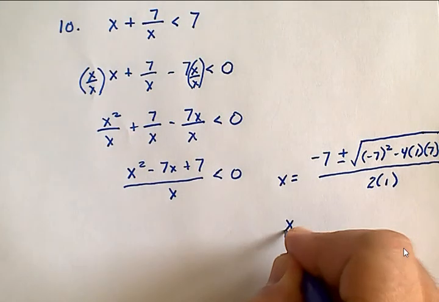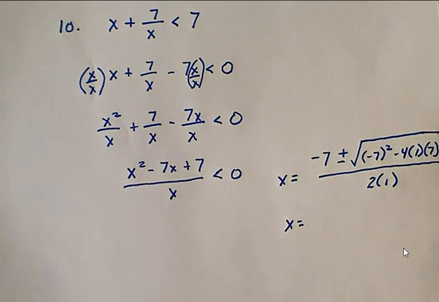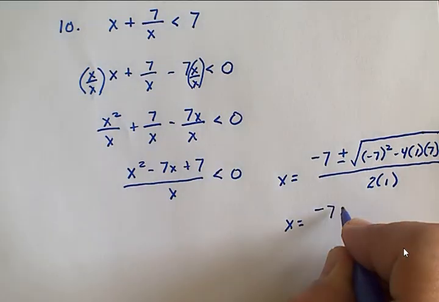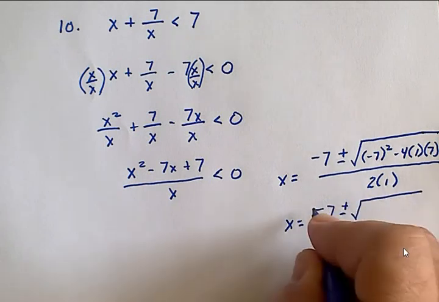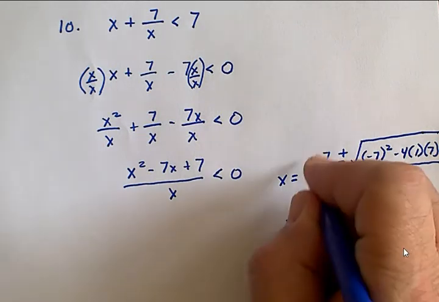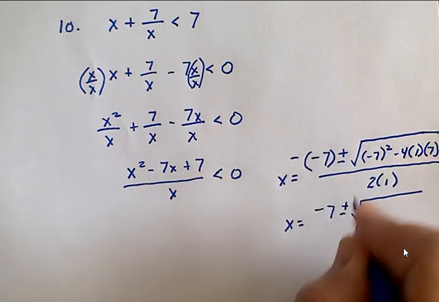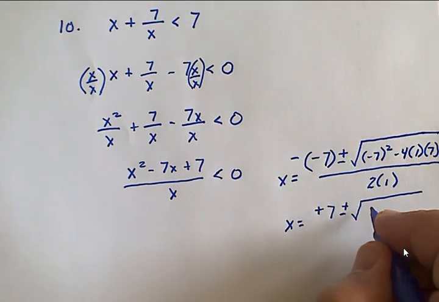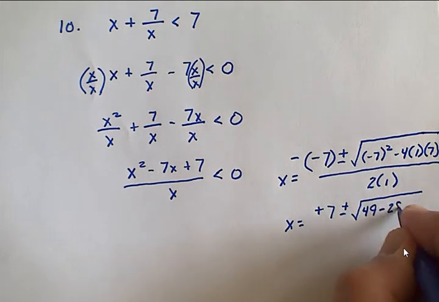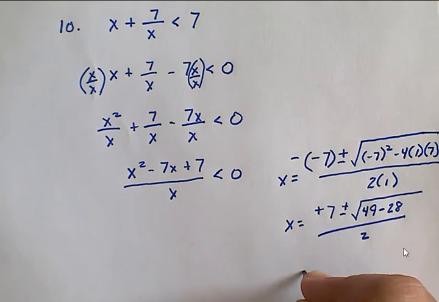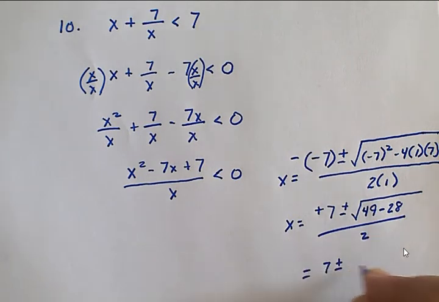Okay, so that's what it looks like when you plug into the quadratic formula. -7 plus or minus. Actually, that should be a +7, sorry, because I want to take the opposite of b. Okay, 49 minus 28. And so it looks like 7 plus or minus the square root of 21 over 2.